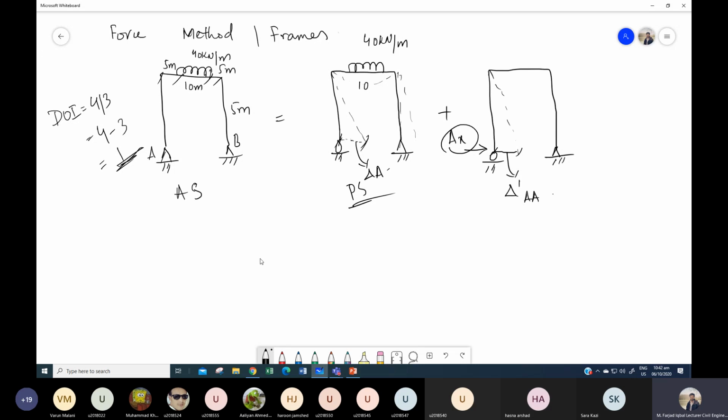So what will be the compatibility equation for this frame? Daniel, what will be the compatibility equation?